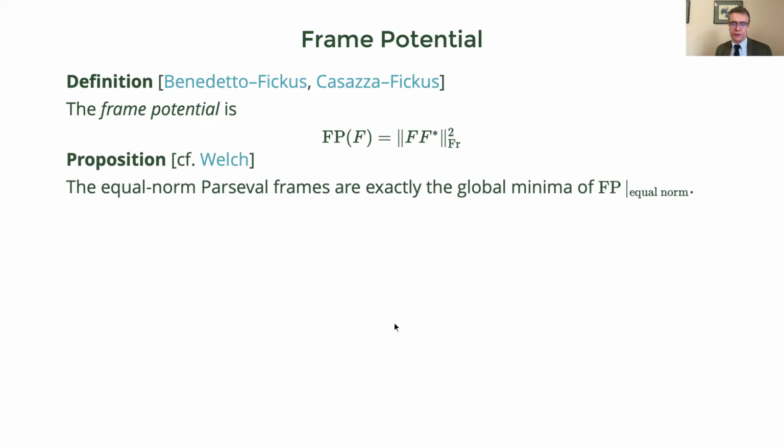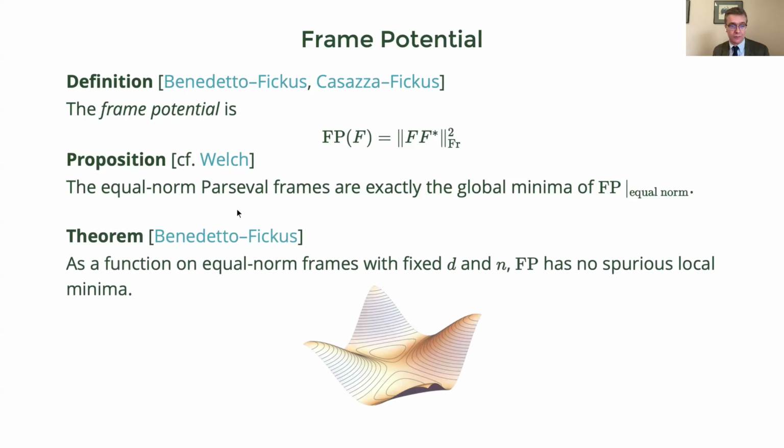If you restrict this function to the equal norm frames, so the spanning sets whose vectors all have squared norm equal to D over n, then the global minima of this function are exactly the equal norm Parseval frames. Of course, you have to restrict to something because otherwise the min is 0 and you just let F equal 0. But if you restrict to this product of spheres, which are the equal norm frames, then the equal norm Parseval frames are exactly the global minima.